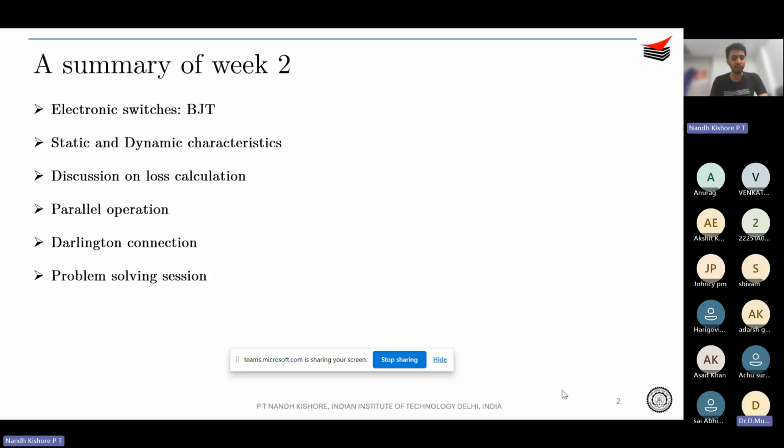And then you came into parallel operation of the device. You understood that since BJT is a minority charge carrier device, right? It has a negative temperature coefficient of resistance, which means that if there is even a slight mismatch, then one of the devices is going to carry higher current, right?